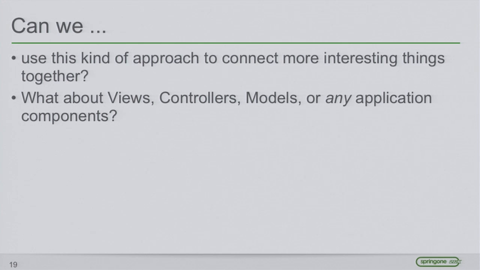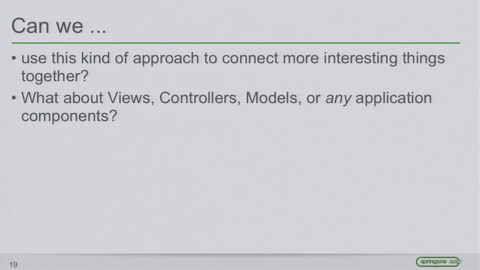So what else could we do with AOP that is much more interesting than these things? Well, when we build JavaScript applications, a lot of times we have this mental model of MVC. Right? We have models, we have views, we have controllers, and these things need to collaborate in order to form a running application.